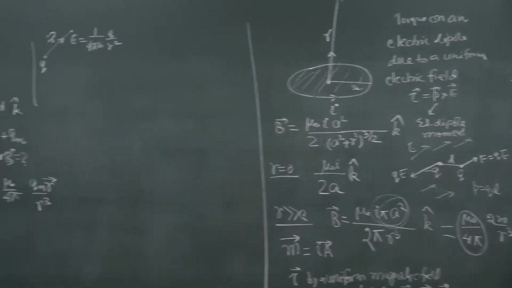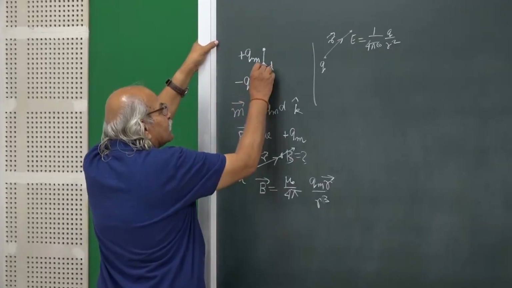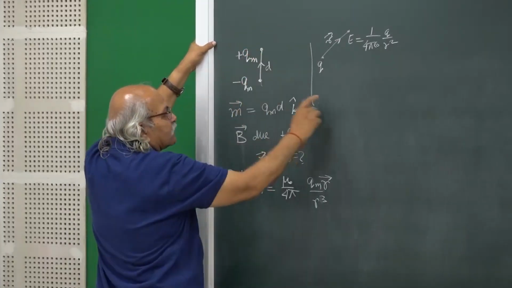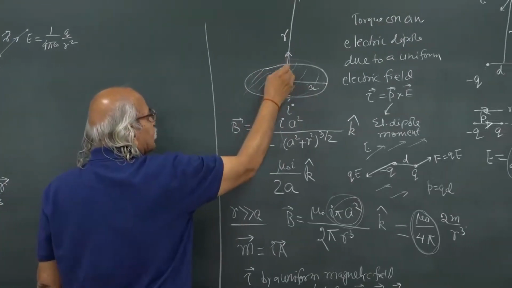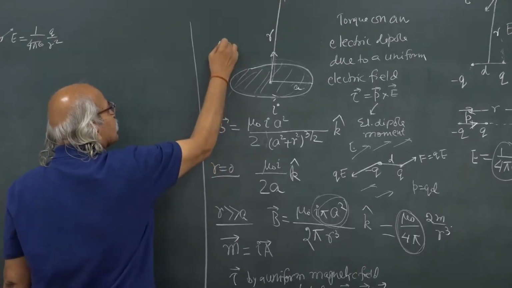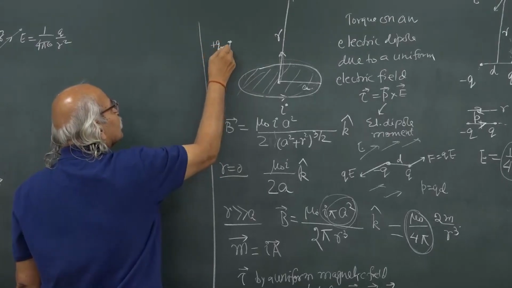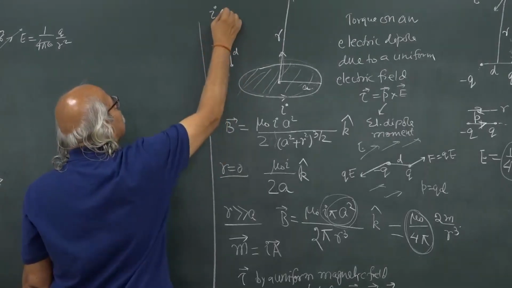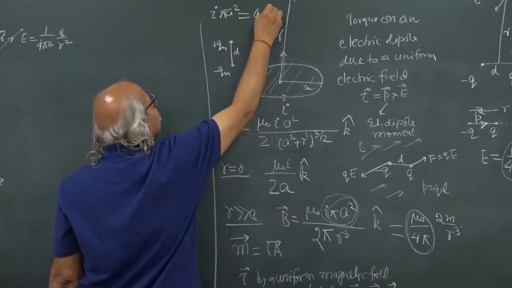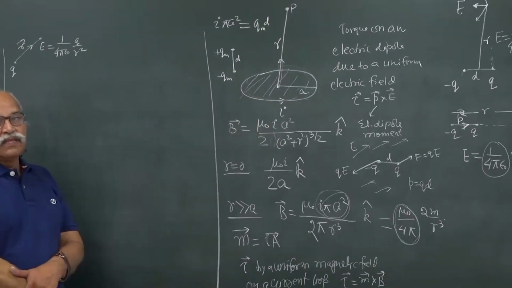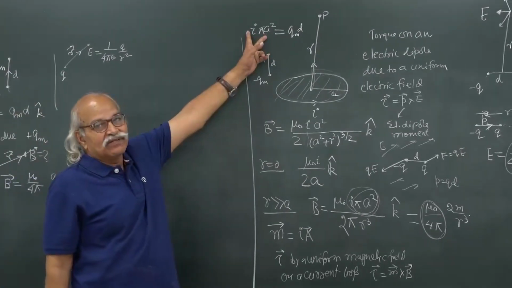So, this is how we sometimes model and say that this is the magnetic moment direction. That means this current loop we are replacing by two charges, minus qm and plus qm, at a distance d, and I times pi a square should be equal to qm times d, because we know that this is the magnetic moment.